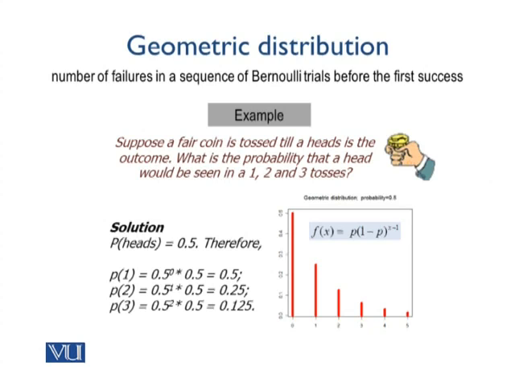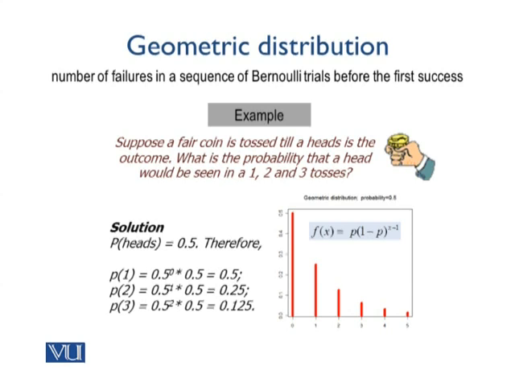When we use this formula for calculating the probabilities of having a head in 1 toss, 2 tosses, and 3 tosses, it is calculated as follows. The probability of getting a head in a single toss is equal to 0.5 raised to 0 into 0.5, in which case you don't have a failure. So the probability is 0.5.